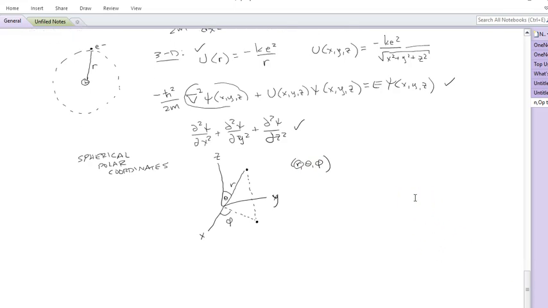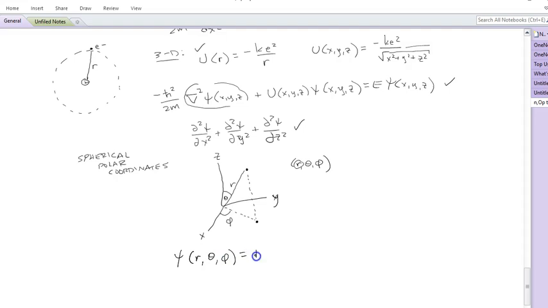And again, what you do is, you've done this in differential equations, you assume that your eigenfunction, psi of r, theta, phi, is separable.